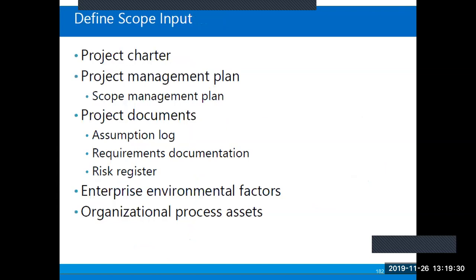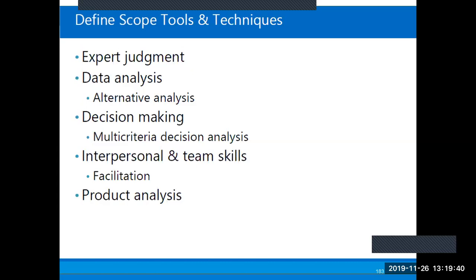The inputs, you have the project charter, project management plan, project documents, and EF and OPA. There you use techniques and tools like expert judgment, data analysis, decision making, interpersonal and team skills, and product analysis.